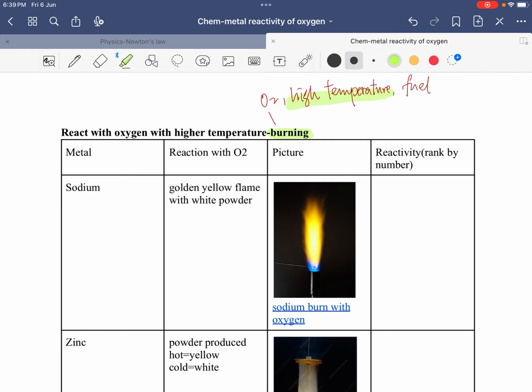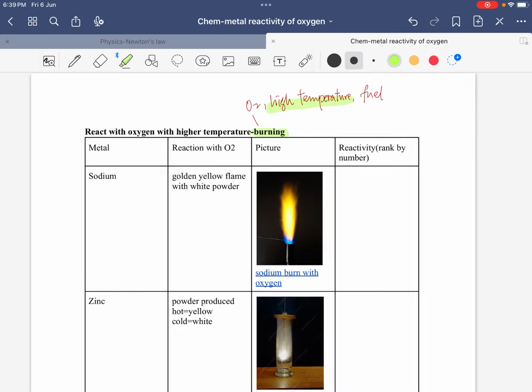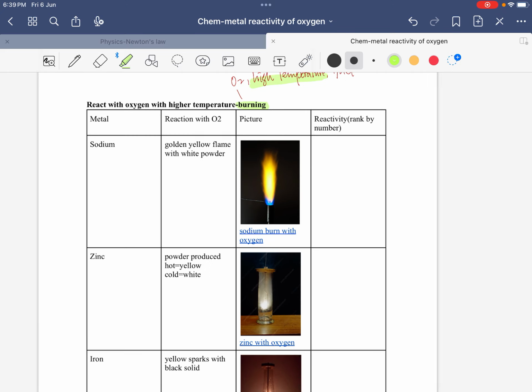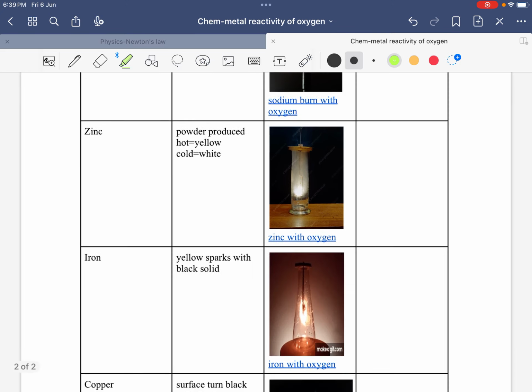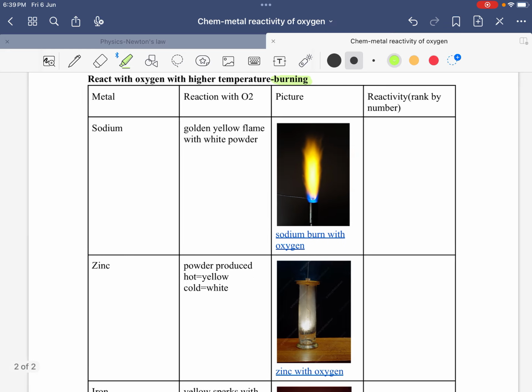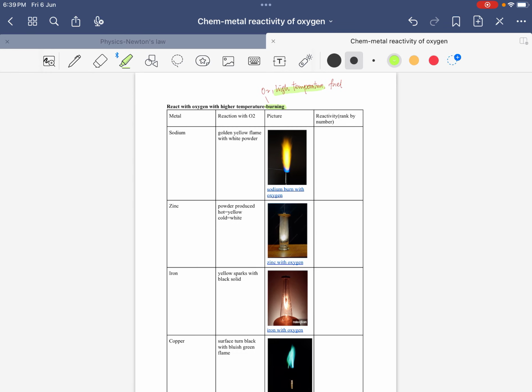Do you understand? Yes, because the high temperature will increase the rate of reaction, so we can see the result more quickly here. Actually, this kind of picture and product name you can see in the textbook. Here, we compare sodium, zinc, iron, and copper, these 4 types of metal.